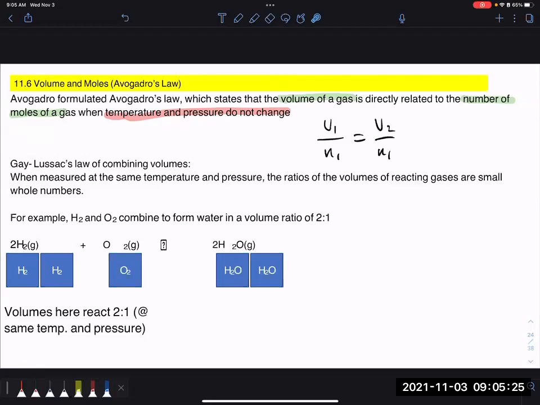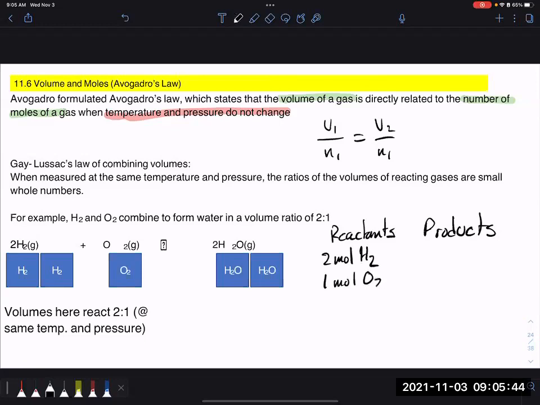So in this reaction, we have 2 moles of hydrogen. I'll write it out like this: reactants and products. So we have 2 moles of H2, 1 mole of O2, and those form 2 moles of H2O.